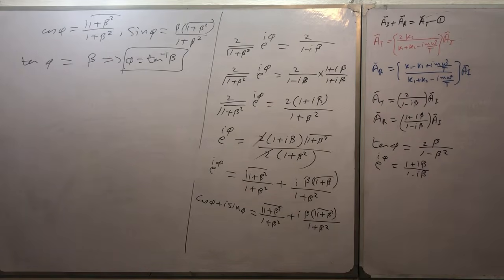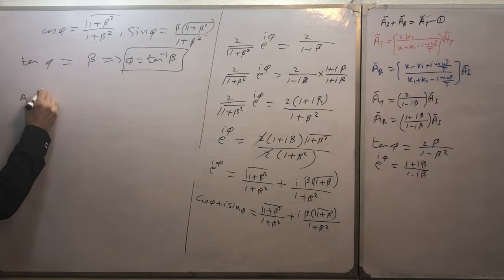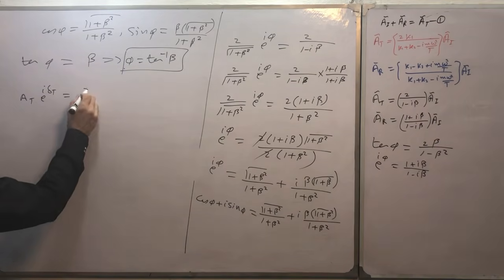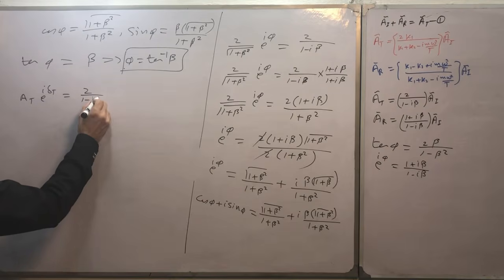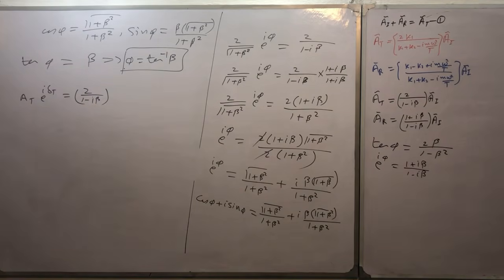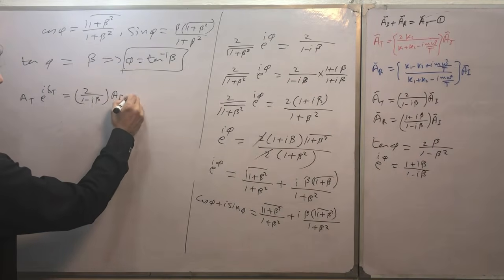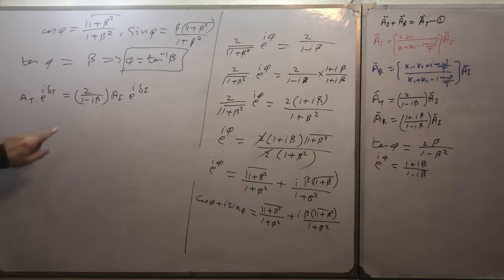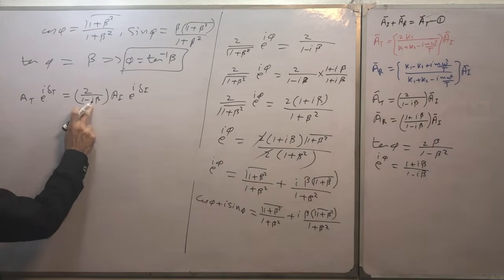And now go back to the equation. Which one? This one, A_t e^{iδ_t} is equal to 2 divided by 1 minus iβ times A_i e^{iδ_i}. Here this term, I have considered as A e^{iφ}. Last time we have considered this.